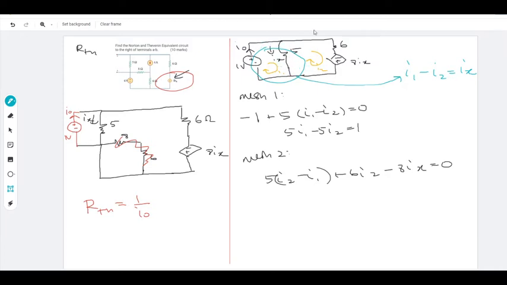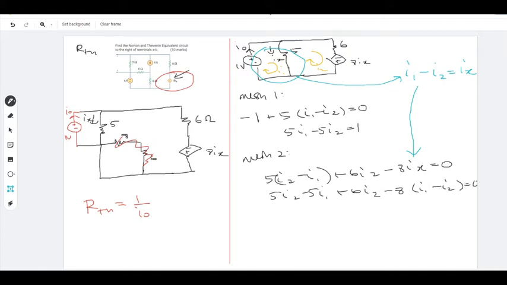So substitute I1 minus I2 here. Let me take a different color pen. So 5I2 minus 5I1 plus 6I2 minus 8I1 minus I2 equals 0.